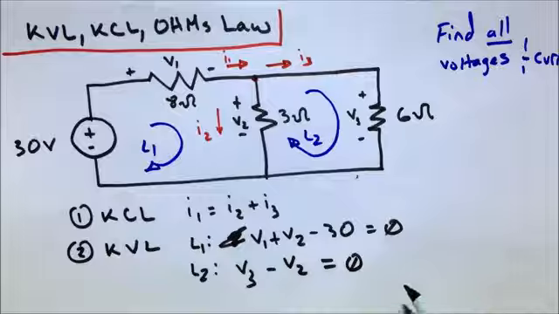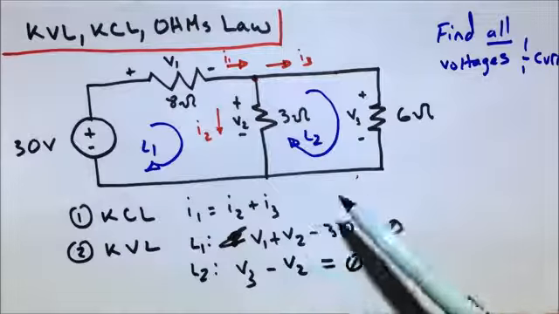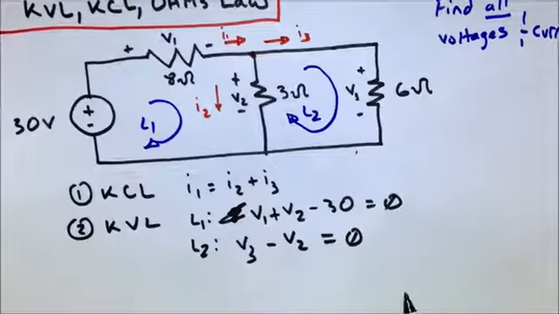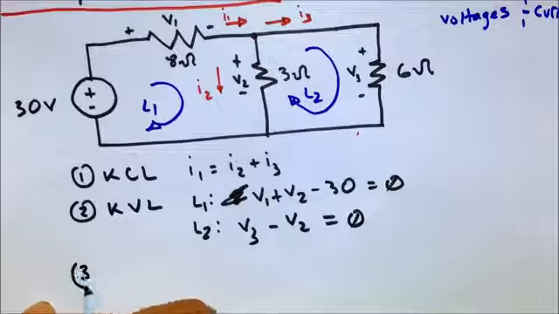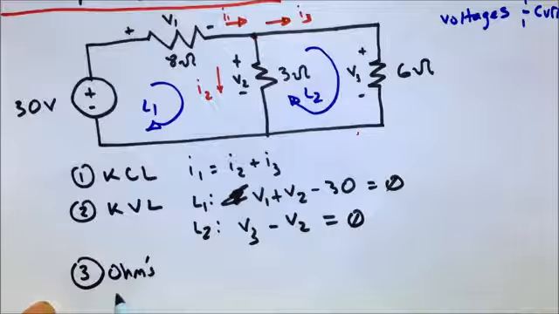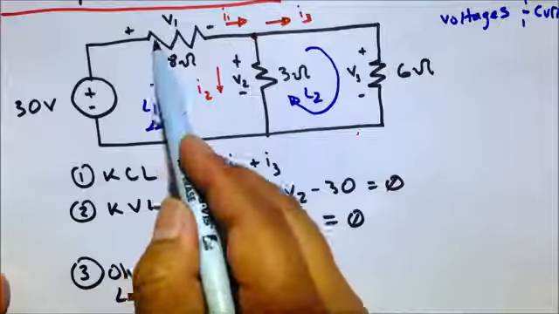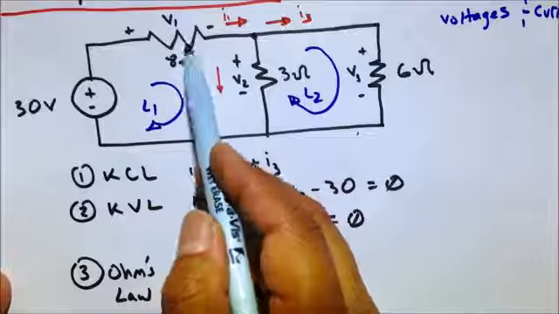Okay, well, do we have enough to solve for all of our variables? No, we only have 3 equations, and we have like 6 variables here. So what else do we know? What other equations can we write, or relationships can we write about? Well, luckily, hopefully, you know Ohm's law. And based off Ohm's law, we can write a relationship between current, voltage, and resistance here.